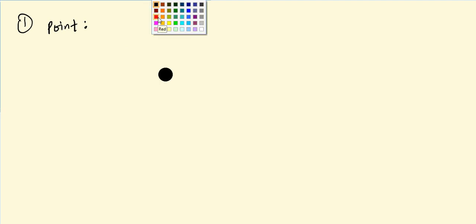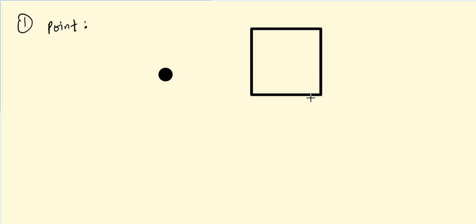Then one example: now this is your square and you are having points P, Q, R, S. So as I told you, a point is represented by a dot.